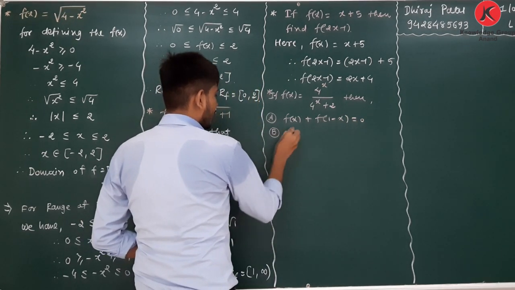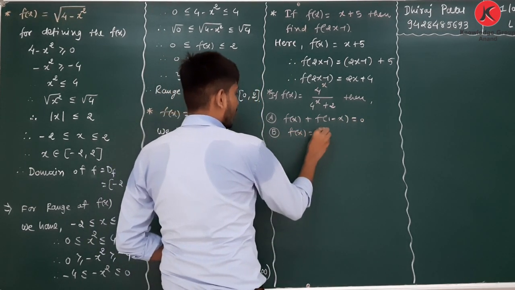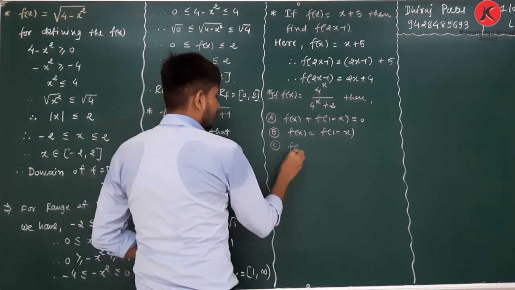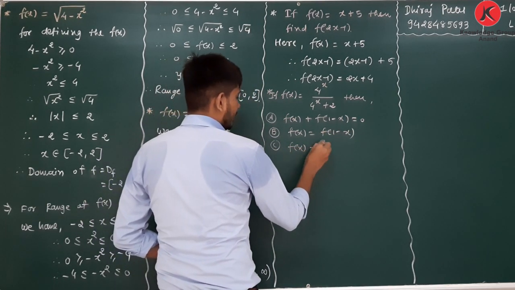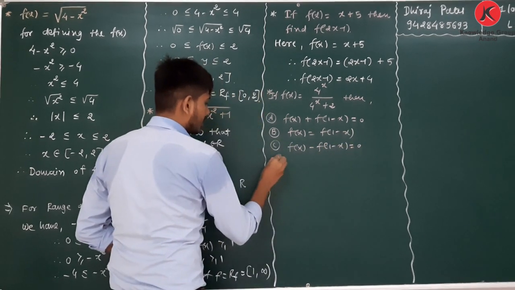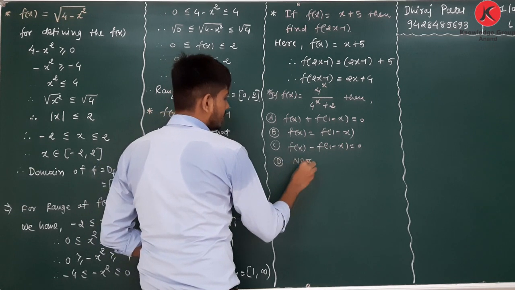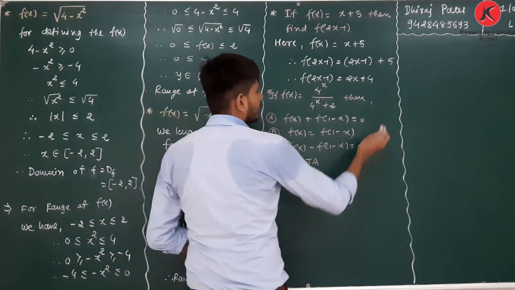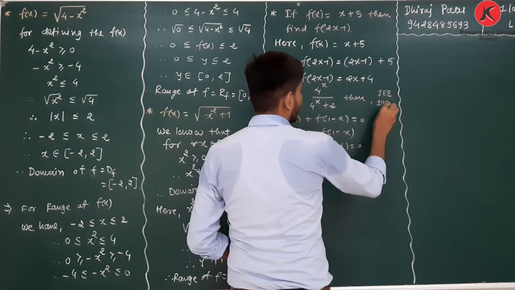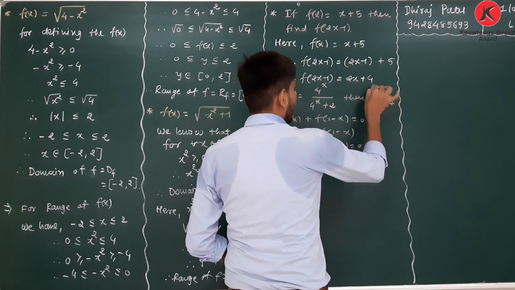Option B is f of x equals f of 1 minus x. Option C is f of x minus f of 1 minus x equals 0. And option D is none of the above. Okay, this is the JEE 1997 question. Take note of this.